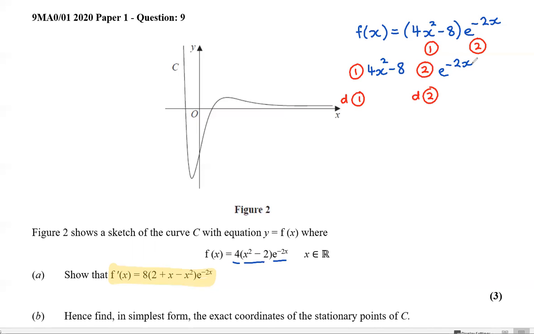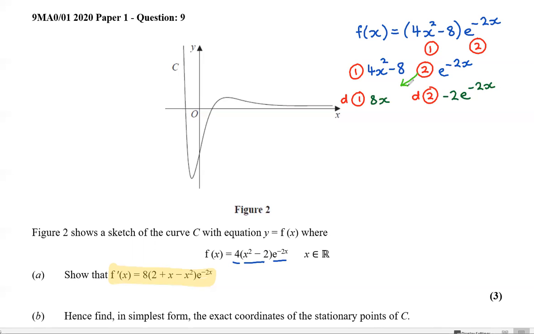If I differentiate those, I'm going to get 8x, and if I differentiate e to the negative 2x, that's going to be negative 2 e to the negative 2x. Standard derivatives, perhaps with a bit of chain rule thrown in there when we first were introduced to that.